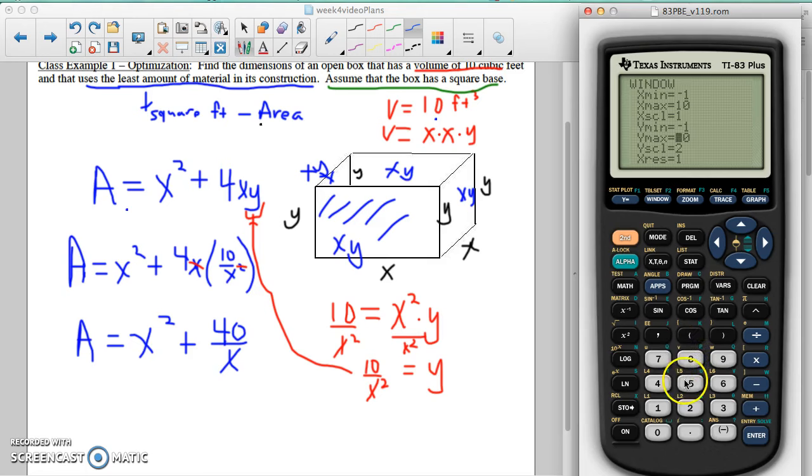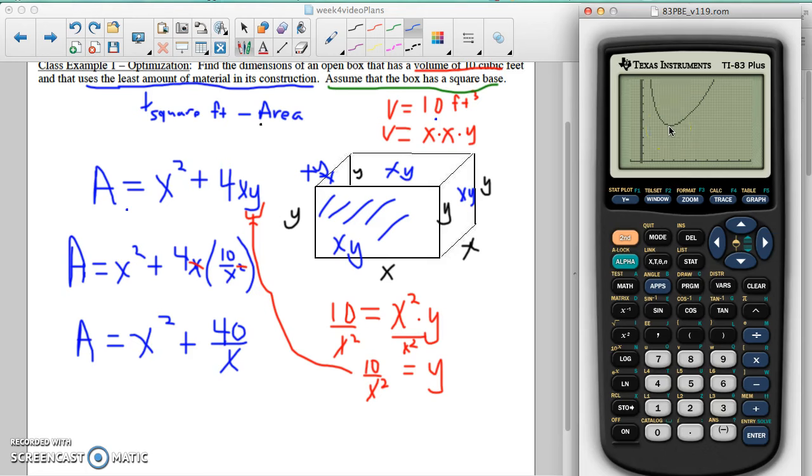So I'm going to go up to 50 just to see if I can see it. I'm using that one trace button to help me make another guess about my maximum. Now let's push graph there and see if I see anything. So there I do now see the graph, and I see where it comes down to be a minimum. So this is going to be where my least amount of material is going to be.